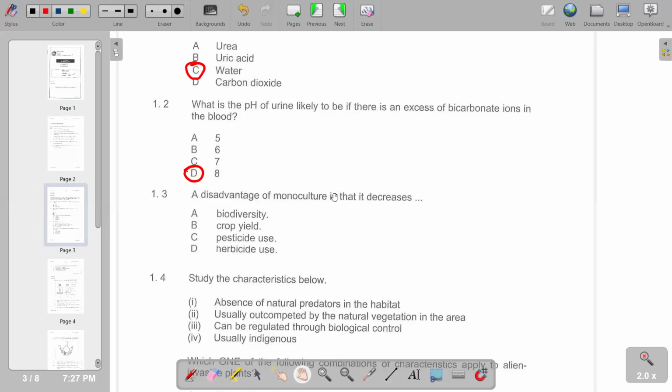It also leads to loss of genetic diversity, which leaves us with A as the correct response, which is saying that it decreases biodiversity. Remember, biodiversity is the loss of genetic diversity. So we have our correct answer as A.